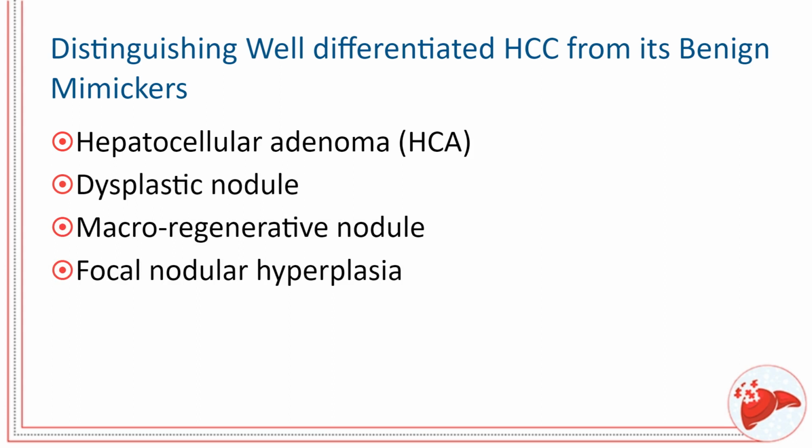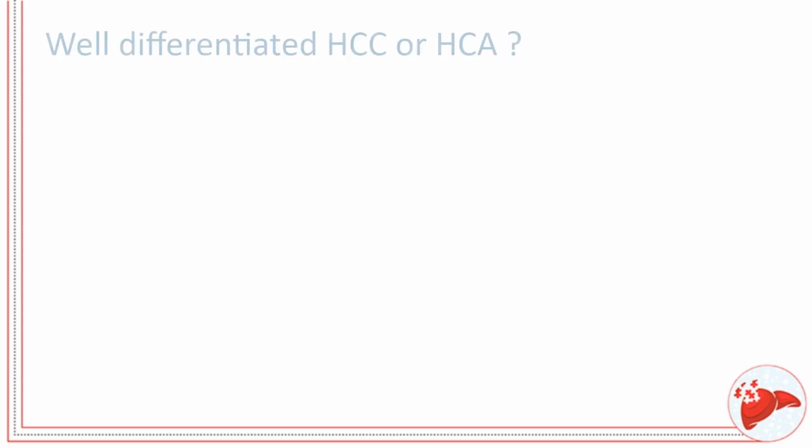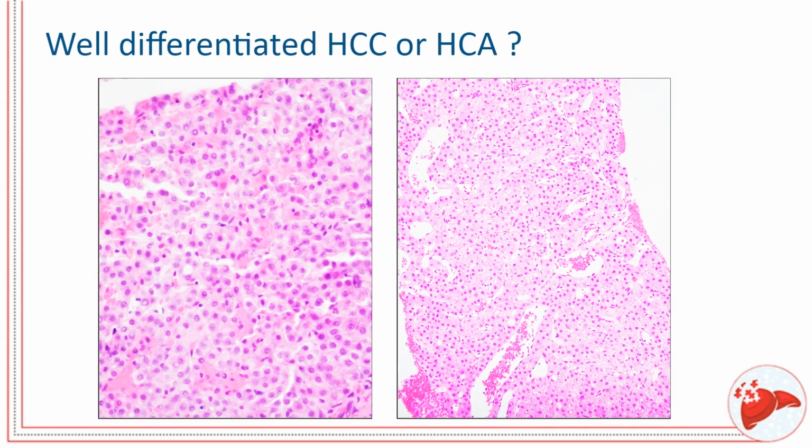So I'm going to talk about each of them in detail. Here are two liver biopsies, and one of them is well-differentiated hepatocellular carcinoma, and another one is a benign entity. We can see that based on the morphology, the differentiation between them can be very challenging.